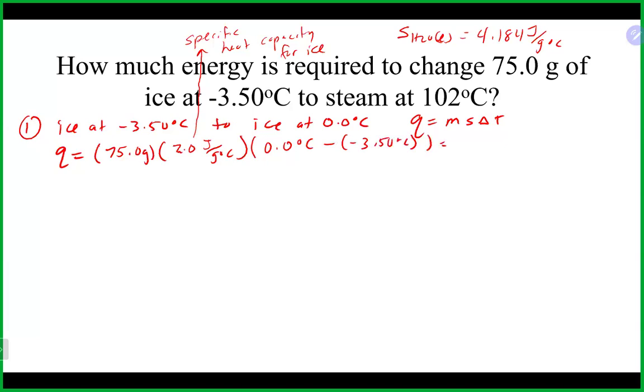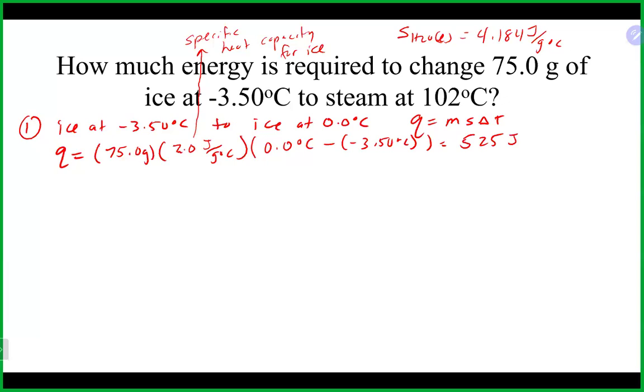And that's going to give us, for this very first step, an amount of energy of 75 times 2 times 3.5, which gives us about 525 joules of energy needed in this case. Any questions so far?